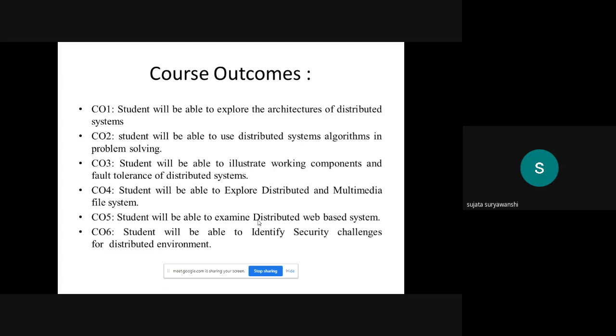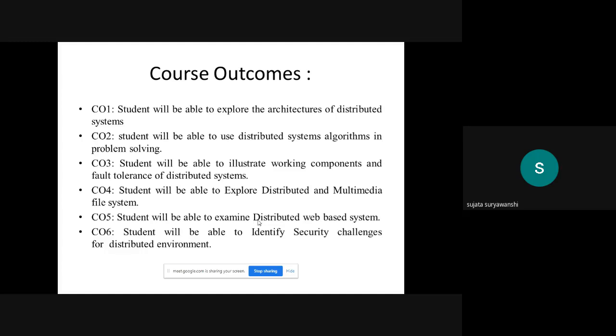This particular unit is a theoretical unit, and it will give you the introduction of the architectures of the distributed system. The second unit is to use the distributed systems algorithms in problem solving. Means how the algorithms are going to be used to solve the problem, and the distributed algorithms, not the simple algorithms.